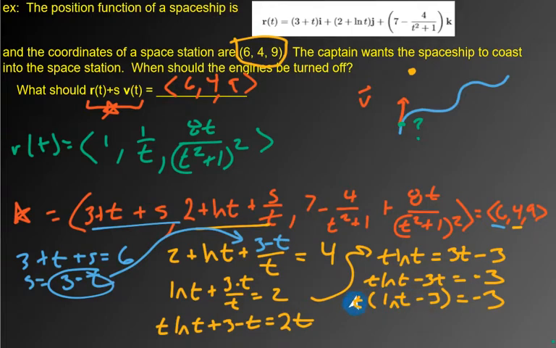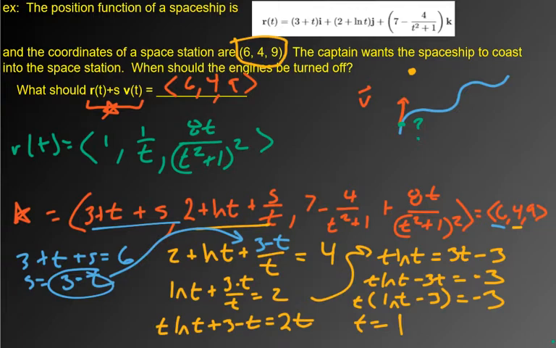Then 1 times -3 is truly -3. So I can just see that t equals 1. But the way you could solve this is graphically. You could plug that into a calculator and plug that into a calculator and see if they line up at t equals 1.